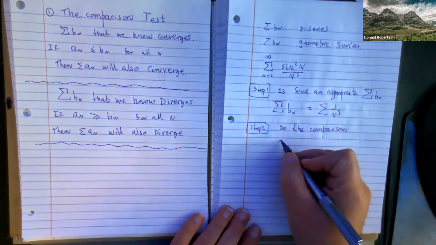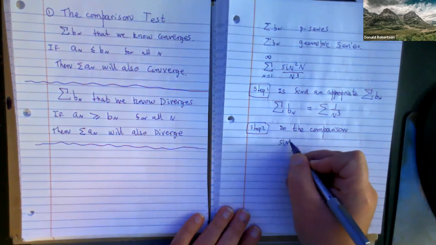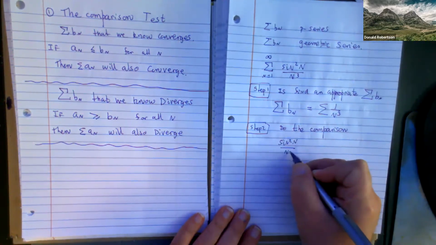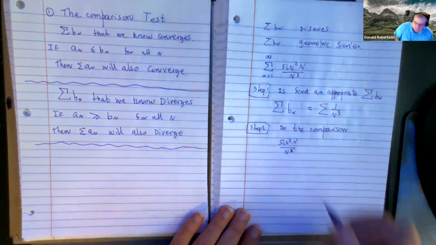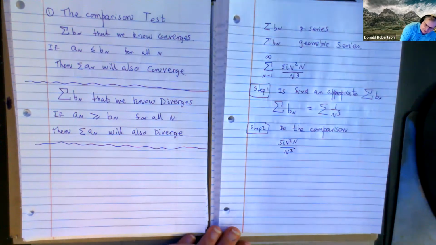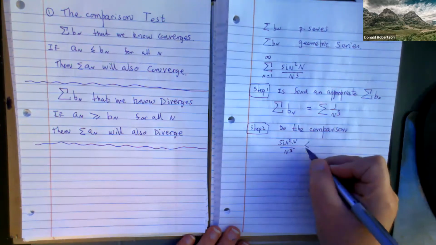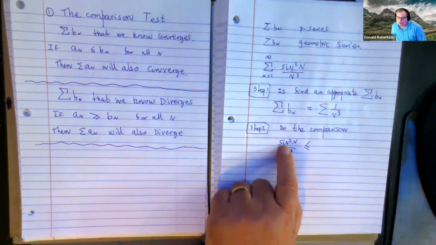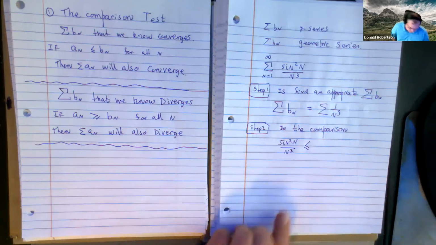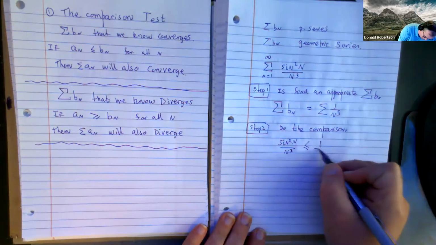So here we go. Sine squared over n cubed. Would you agree that sine, although it takes many values, the sine of n always takes a value less than or equal to 1?